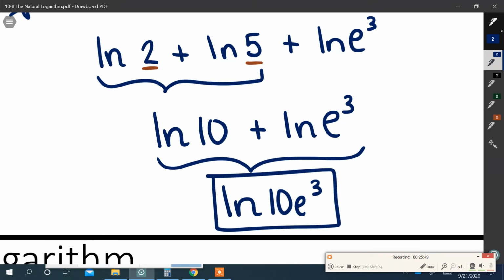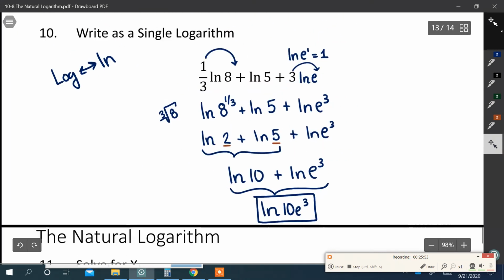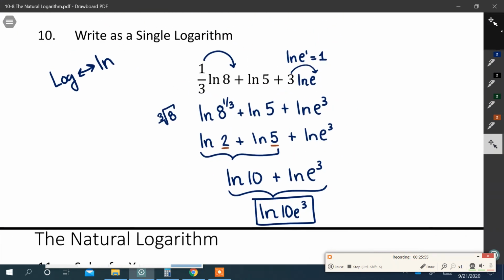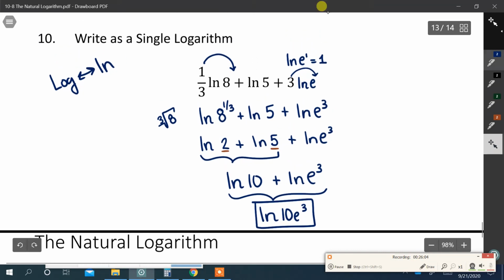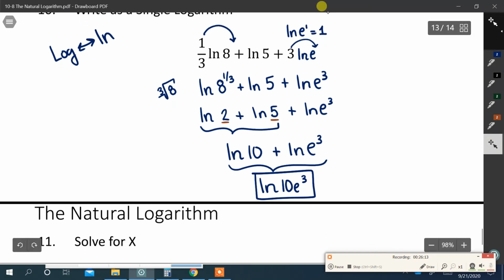And that's how you do that one. It's a little bit more complicated. There's a couple things that I did in there that are a little challenging, but I hope everybody got it. Remember those rules that we have to know. I'm not going to write them down. Just go ahead and look back at your notes if you don't remember the rules.